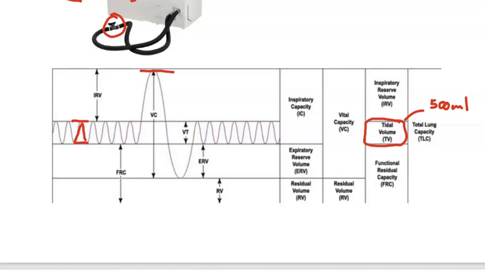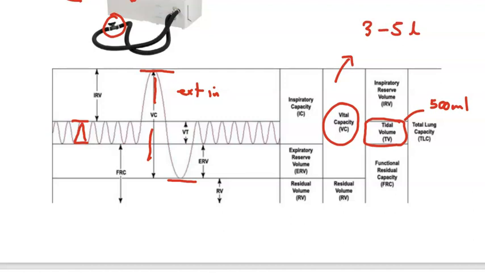So now we're using our external intercostal muscles. And then to exhale as much as possible, that would take the reading down to this level here. And the distance between the two is known here as the vital capacity. Now the size of the vital capacity depends upon how big the person is, but for an adult, we're looking at somewhere between 3 to 5 litres.